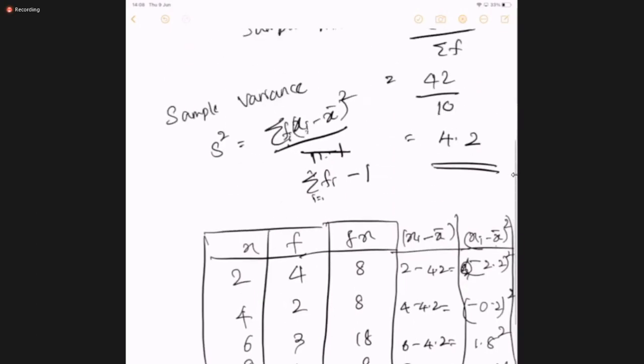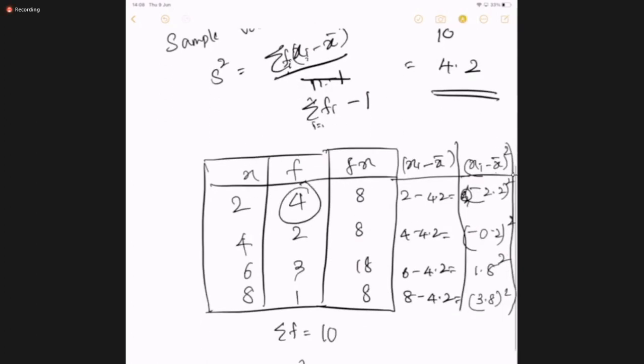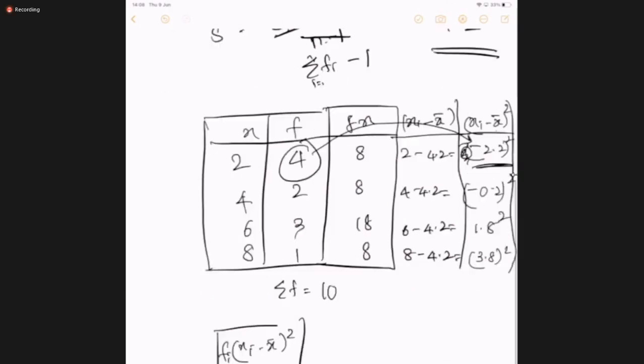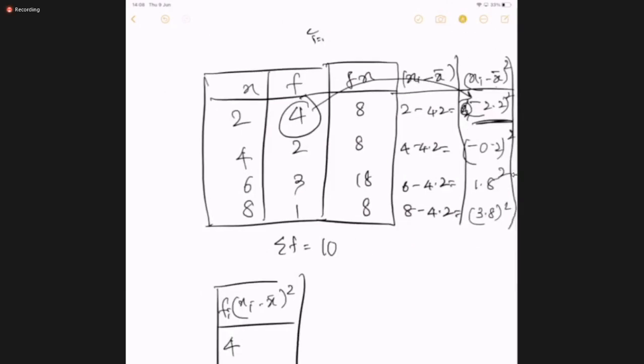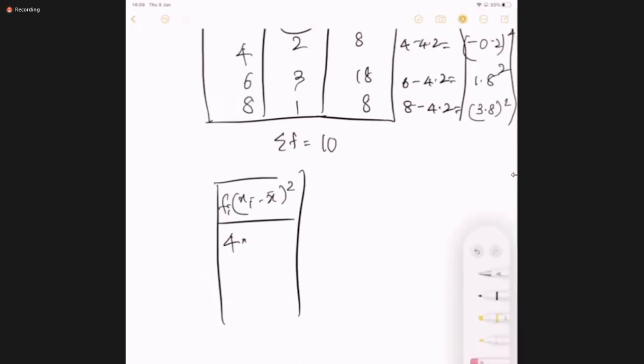Now multiply 4 and this value: 4 times 2.2 squared.